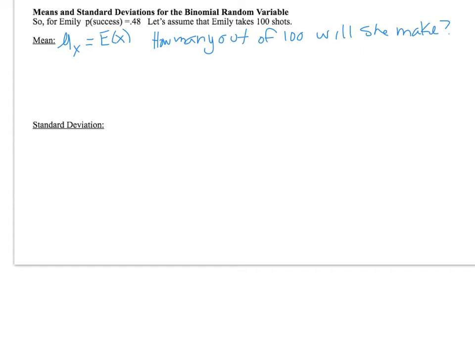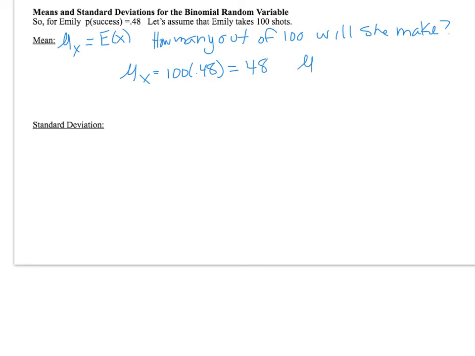I think there's an obvious answer to this: she's going to make 48% of the 100 shots. So we would expect her to make 48 shots. So mu sub x is equal to 100 times 0.48, the number of shots times the probability of success, which is 48.